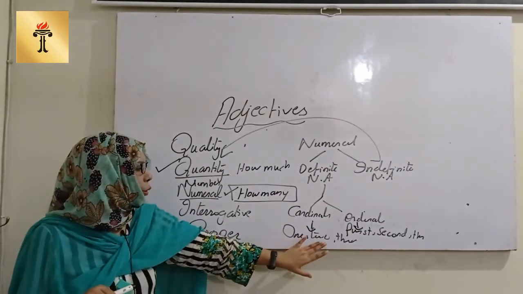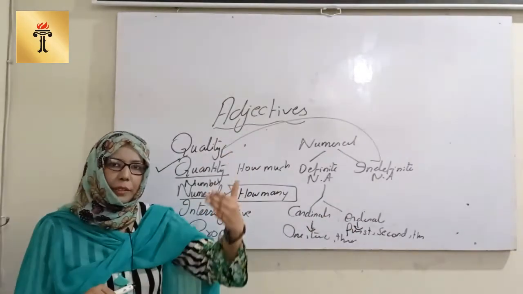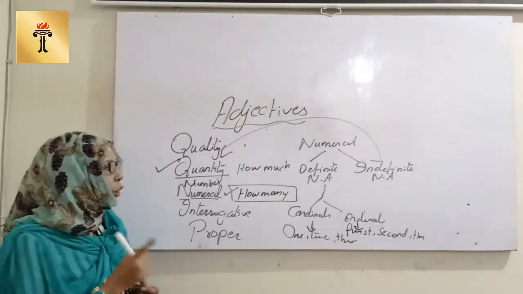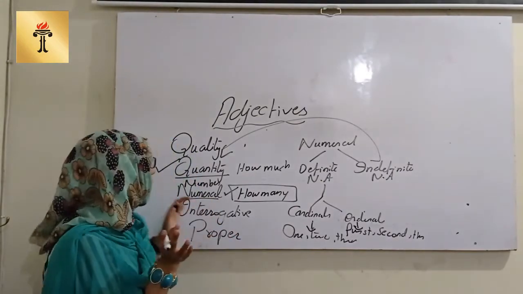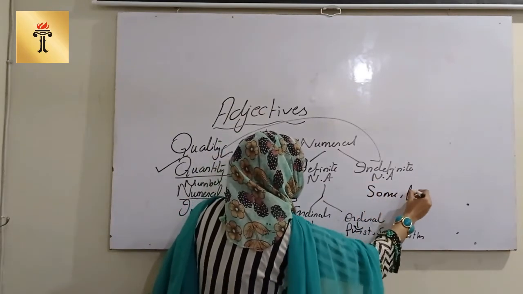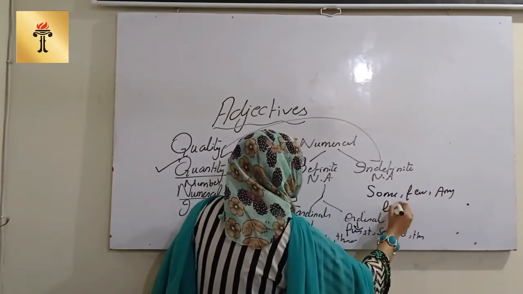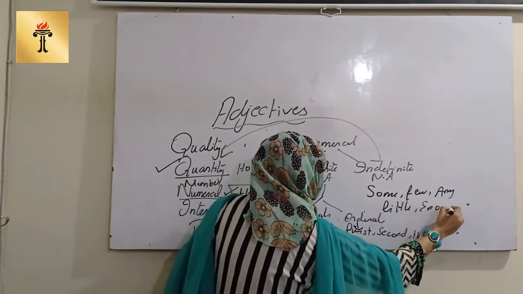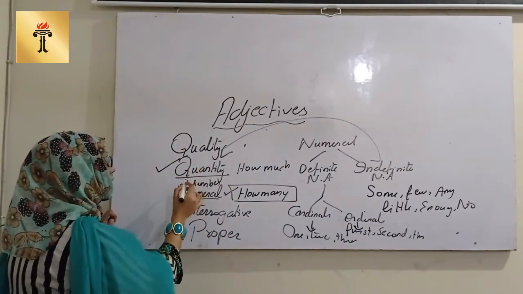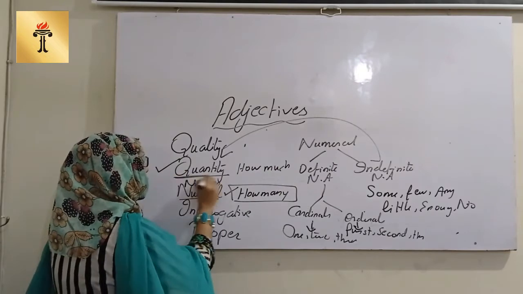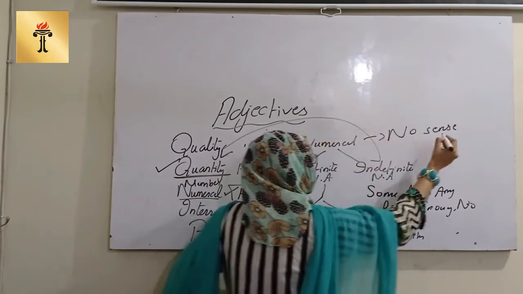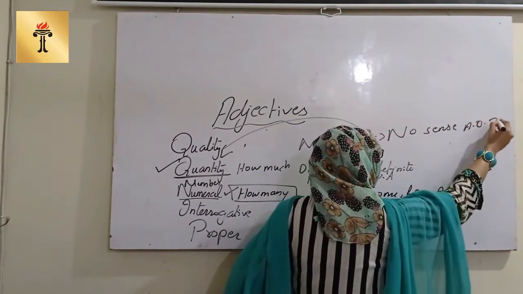Cardinals deal with 1, 2 and 3, and the ordinals, when something is in order, deal with first, second and third, whereas the indefinite numeral adjectives will be the same as we discussed in the quantity, like some, few, any, little, enough and no. When I said in adjectives of quantity that you have no sense, it is an adjective of quantity.